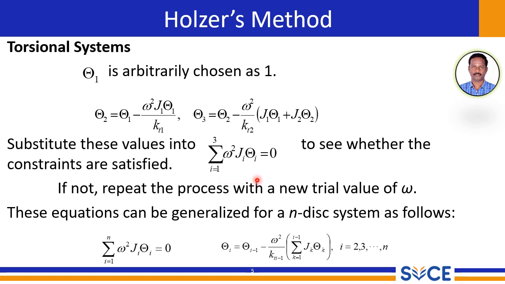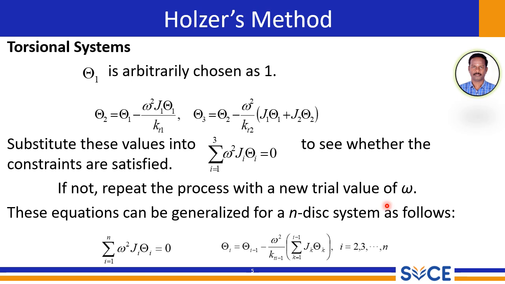If it is, then our assumed frequency ω is a natural frequency of the system. If the sum is not 0, it means our initial guess for ω was incorrect. So we need to repeat the entire process with a new trial value for the frequency. This iterative procedure continues until we find a frequency that satisfies the condition.